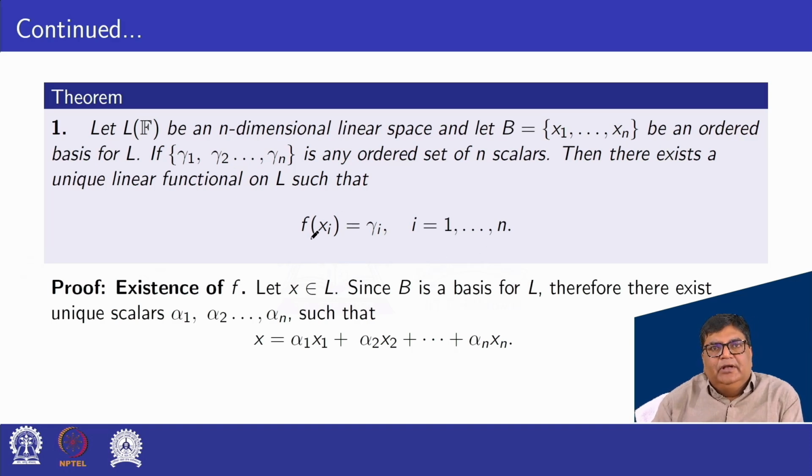That is, f of x1 is equal to gamma 1, f of x2 is equal to gamma 2, and so on, f of xn is equal to gamma n.